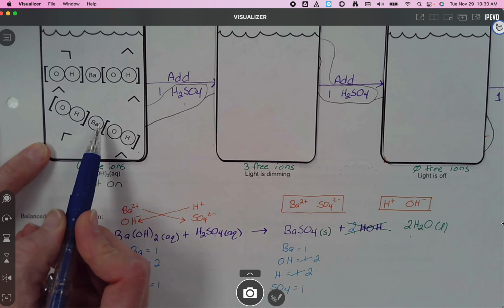Here's my barium hydroxide, really looking this time like a barium hydroxide. And it's going to make a barium sulfate and a water molecule. And since we're working at the top flap level this time, we're going to eliminate the charges from our story.